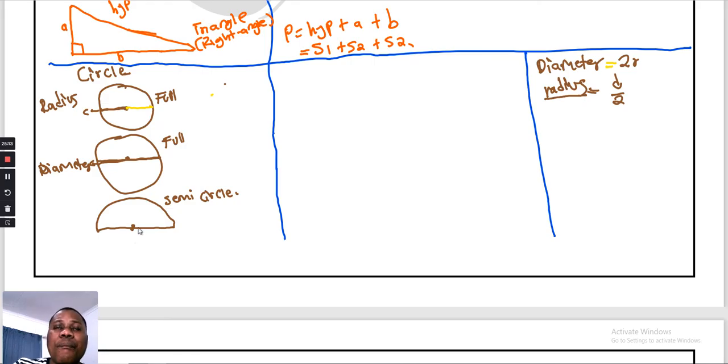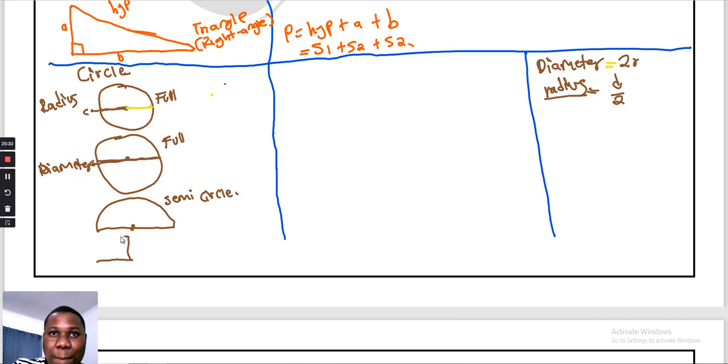Now, look at this. Let me also draw another type of circle. I don't know if I'm going to be correct with the drawings because I can see that it is a struggle. But let me try to rub it here.